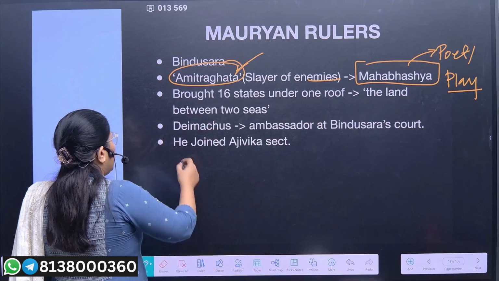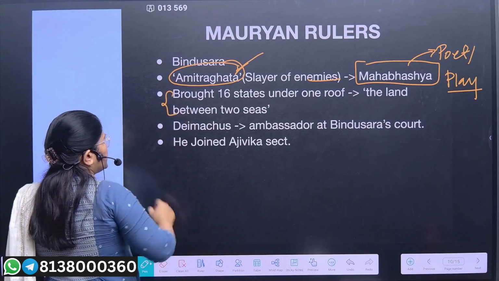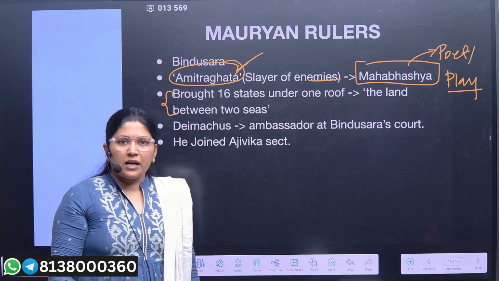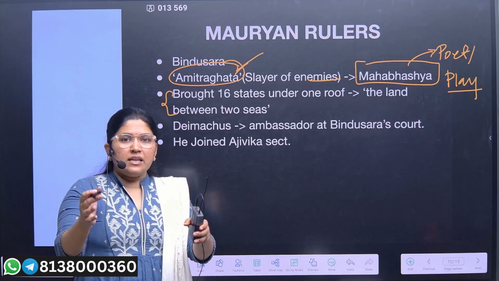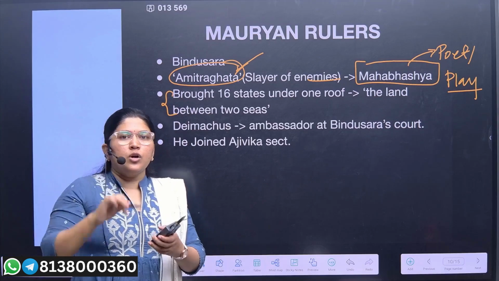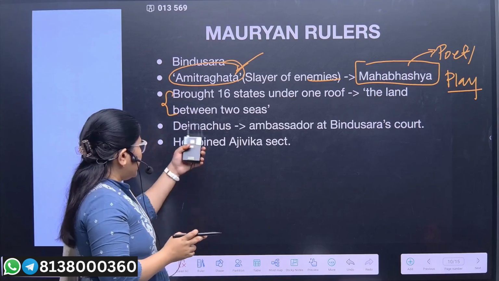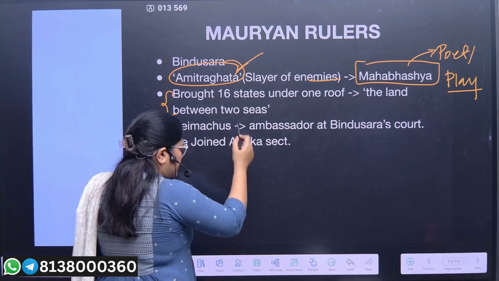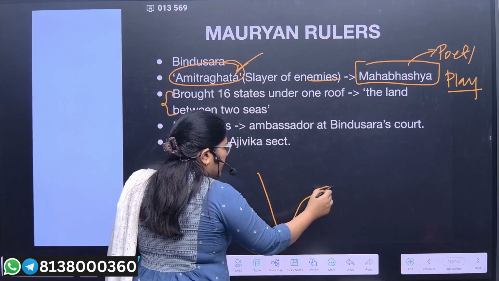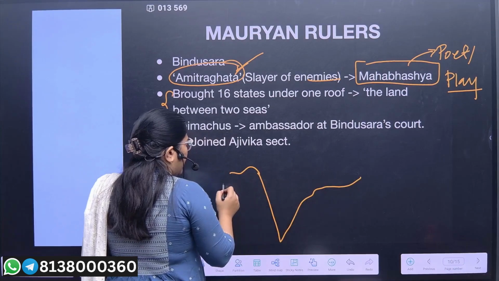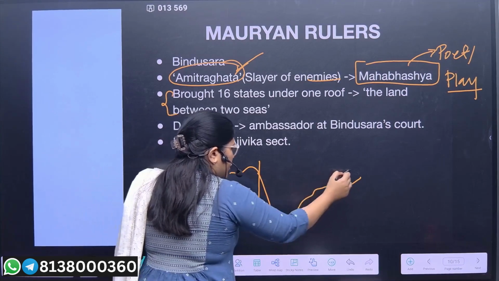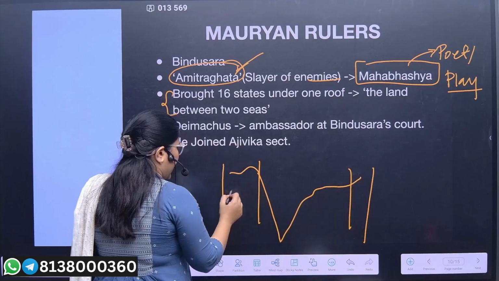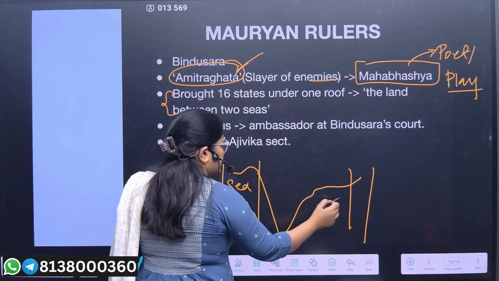Now he brought all the 16 Mahajanapadas into a single umbrella, into a single roof. That is why, during Bindusara's period, it is said that the Mauryan Empire existed between the two seas, the land between the two seas.